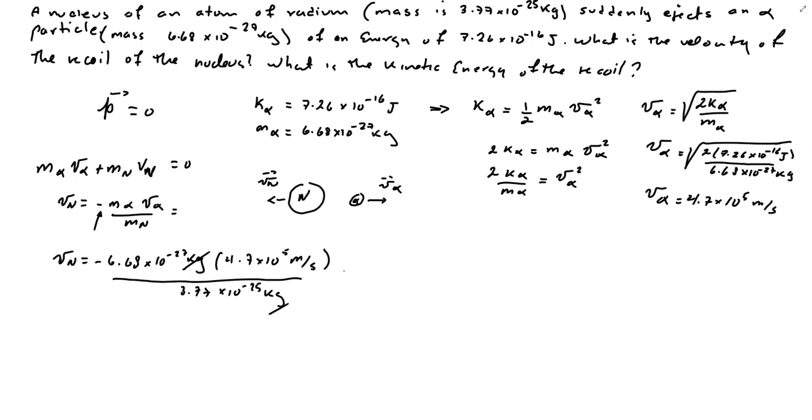Kilograms cancel out. So we're going to get in this case 8.26 times 10 to the third meters per second.